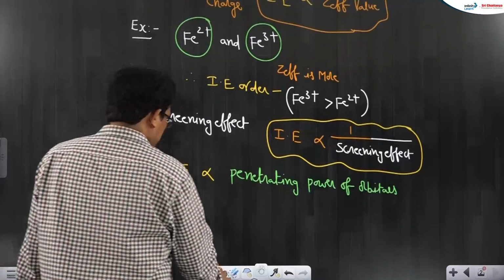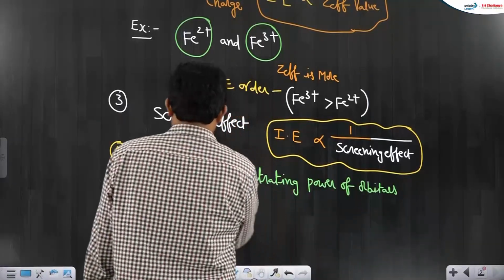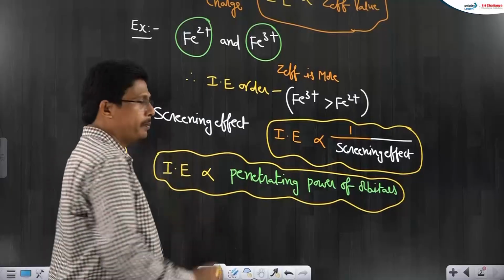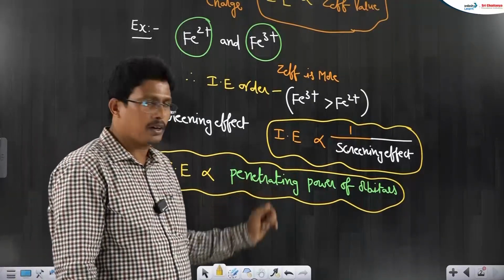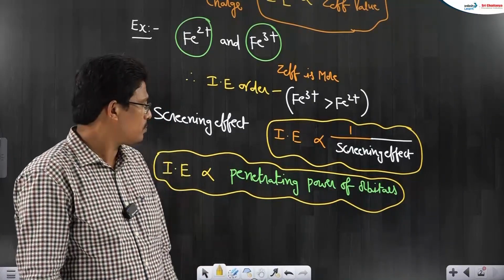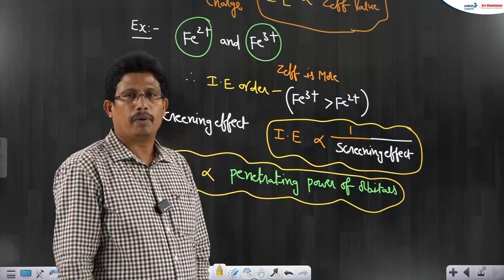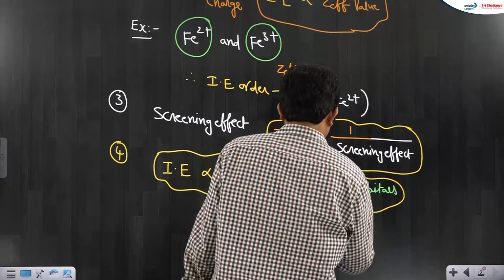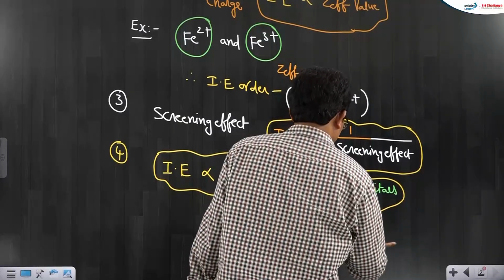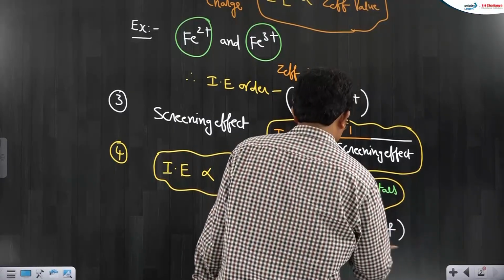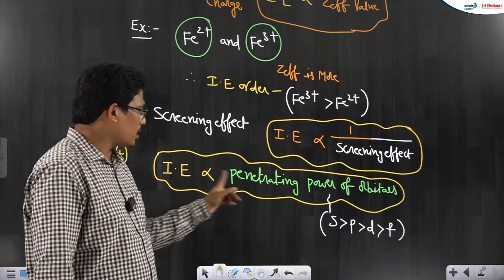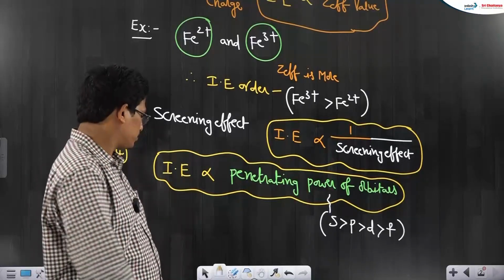It is more for s orbital compared with p. P has more penetrating power compared with d. D has more penetrating power compared with f. The order is like this: s greater than p greater than d greater than f. Ionization energy values are also the same.